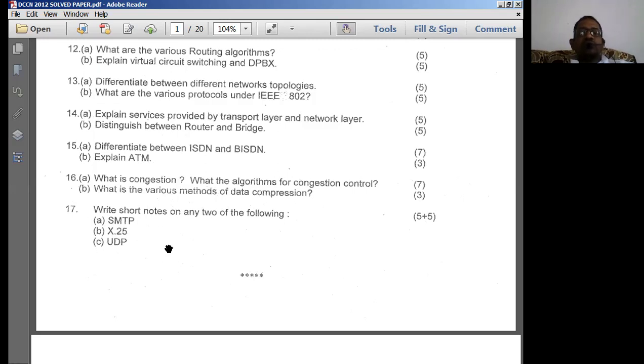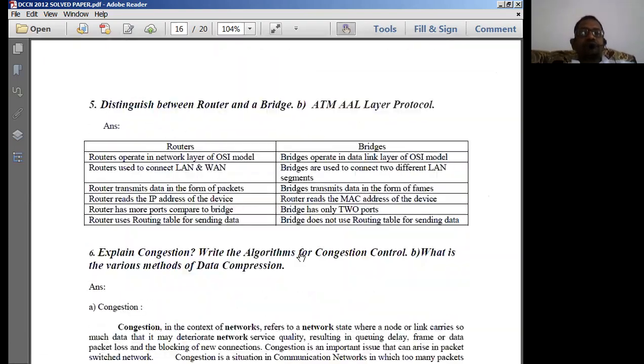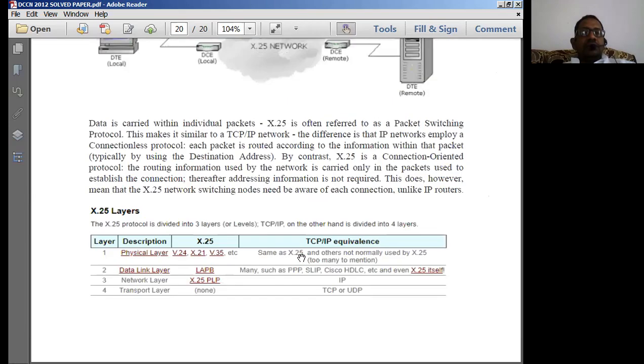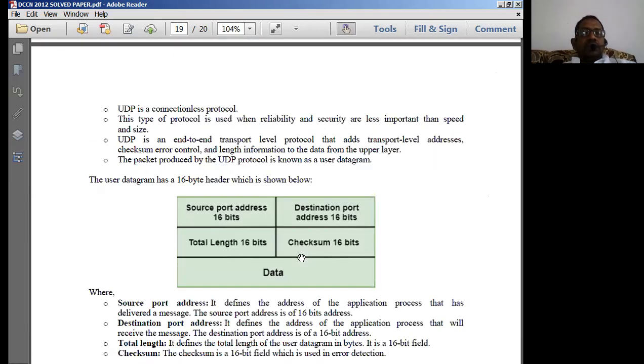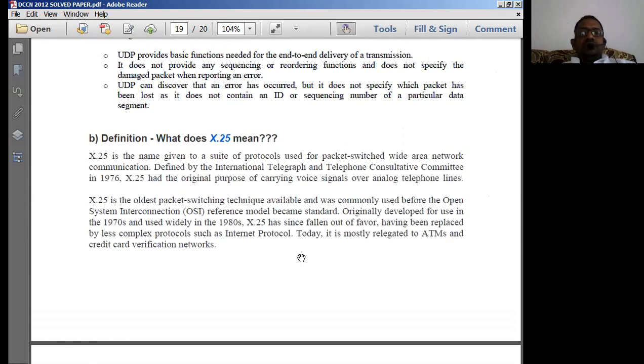So these three questions have been asked once in the exam. We'll try to go through this particular X.25 topic. X.25 is a very old network which came to the market before the OSI model. Therefore, X.25 is normally used for connection oriented types of services.